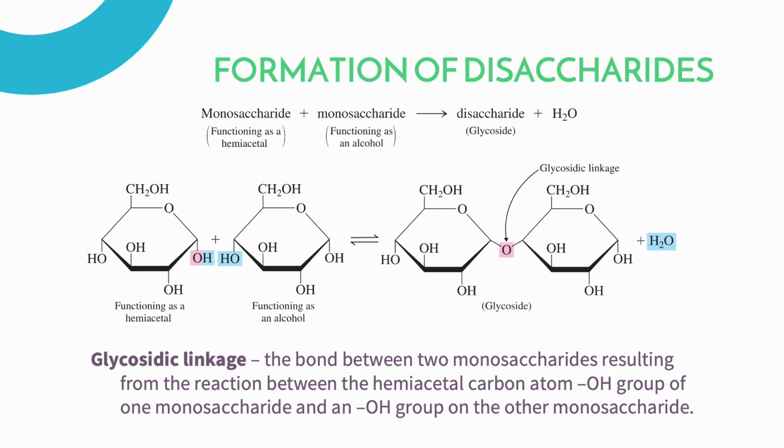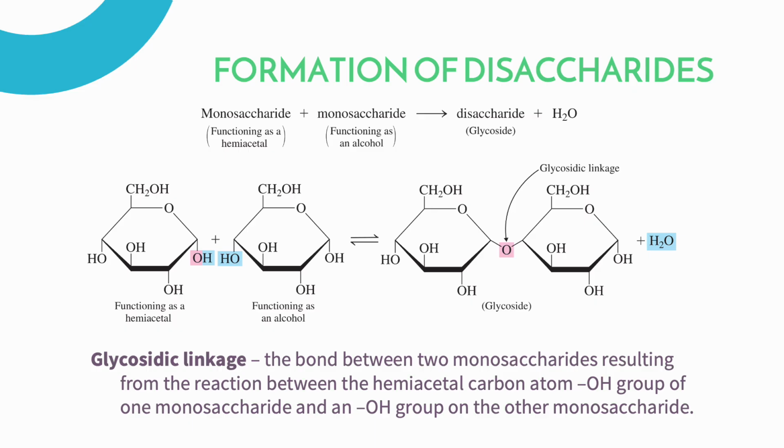Of these two monosaccharides, the one on the left will function as a hemiacetal, and the other one will function as an alcohol. When these two combine together, the reaction is a condensation reaction, and a glycosidic linkage is formed.